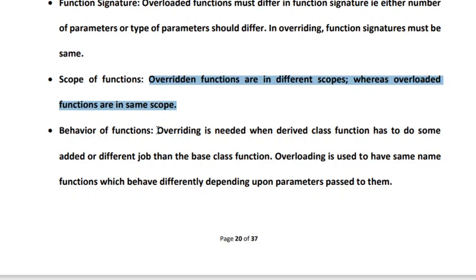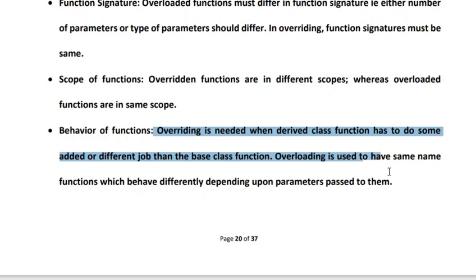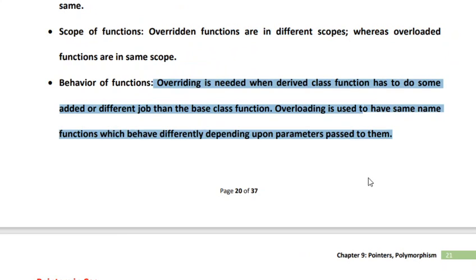Now, behavior of the function. Overriding is needed when a derived class function has to do something in addition to or different from the base class function. So overriding is performed whenever you want the inherited function to perform something more or something different. And overloading is used to have a same-name function which is capable of behaving differently based on the number of parameters that are passed to it.